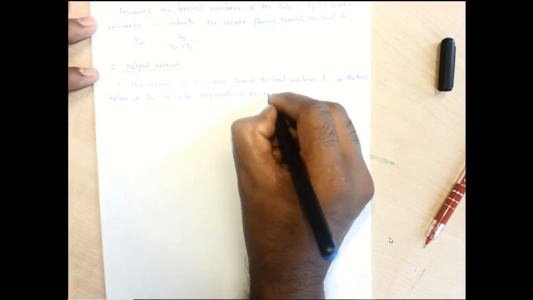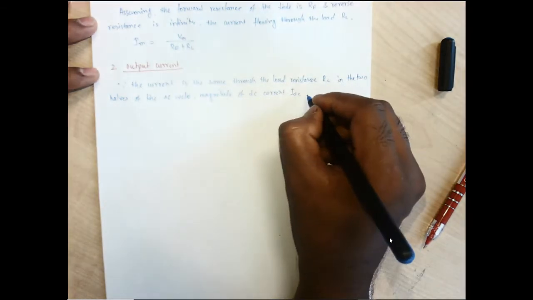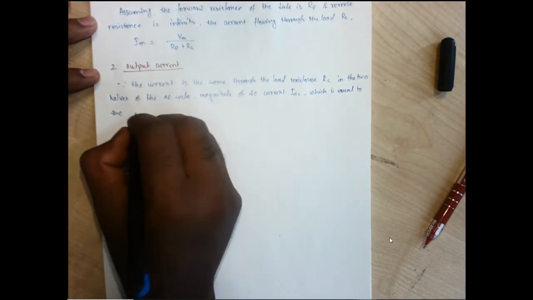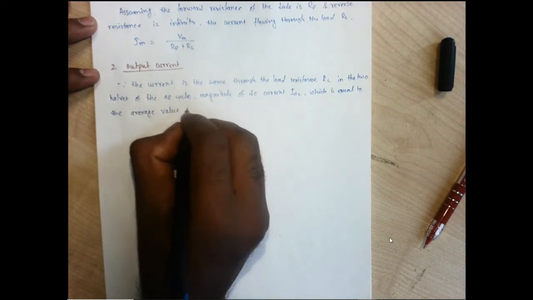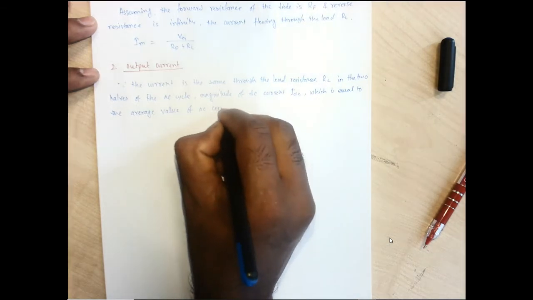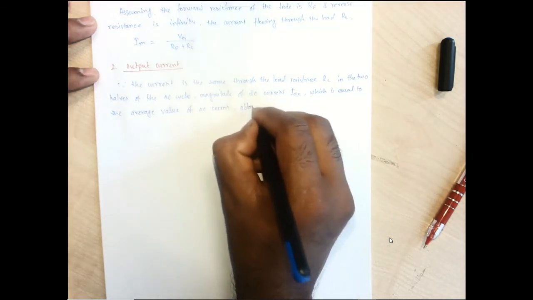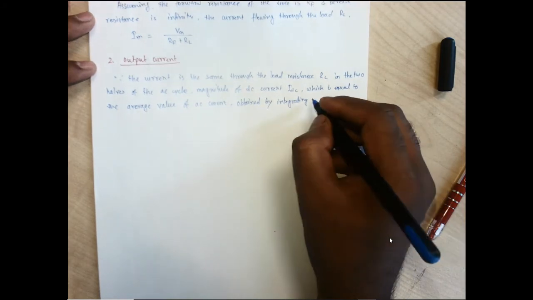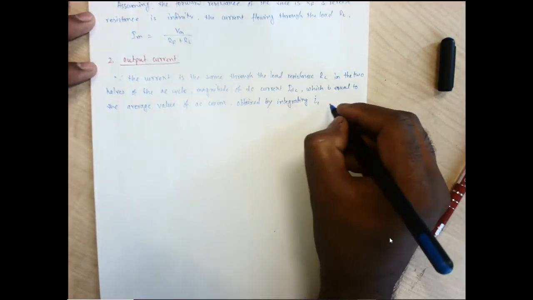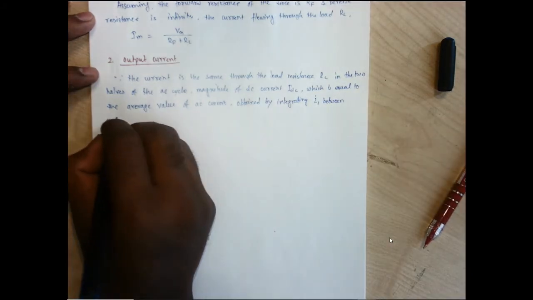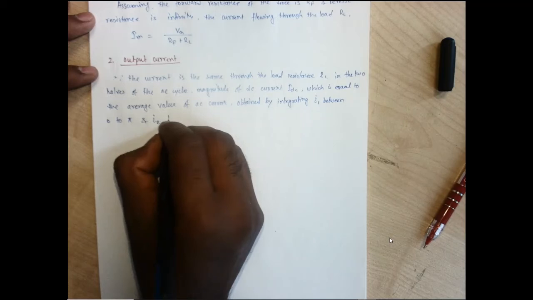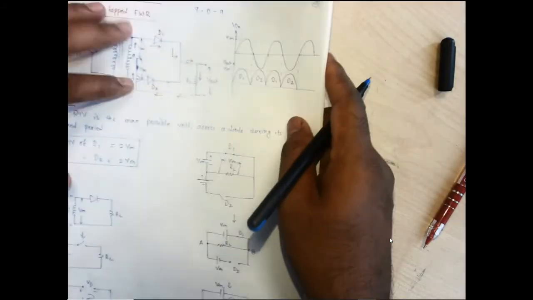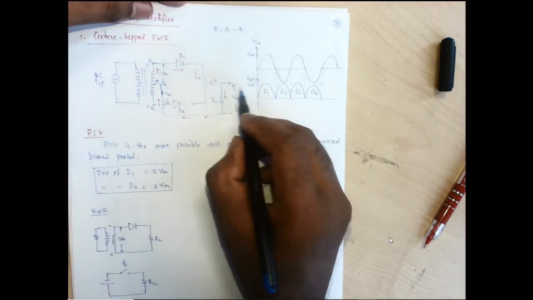The magnitude of DC current IDC is equal to the average value of AC current, obtained by integrating I1 between 0 to pi and I2 between pi to twice pi, because we have the current I1 when D1 is conducting in the RL.